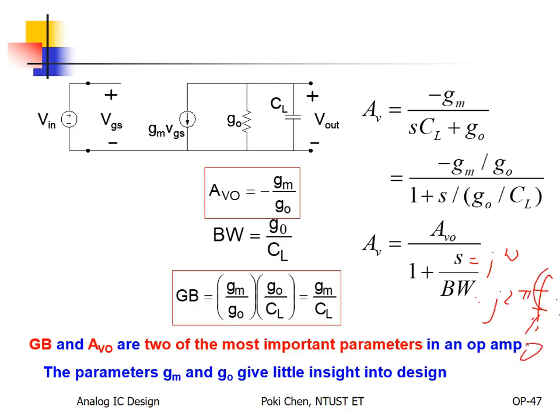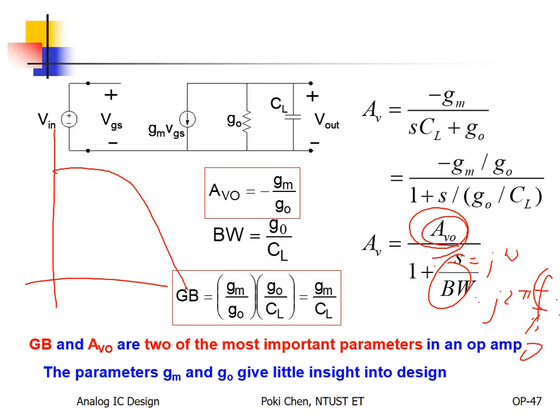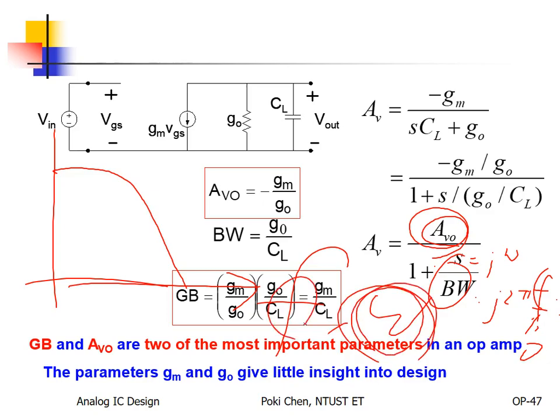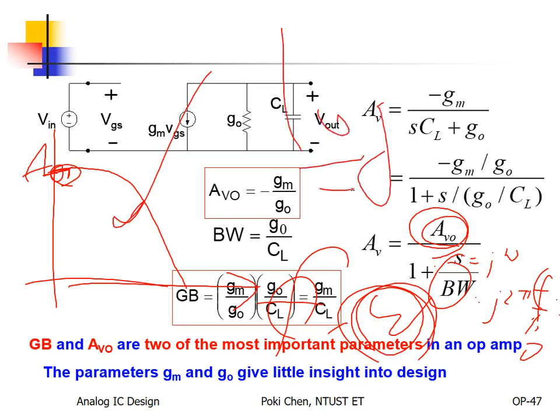So if frequency means 0, this is 0. Oh, you get that. Congratulations. That is the so-called DC gain. For your frequency response, it looks like that. That is the frequency, F or omega, I don't care. This is radian frequency, and this is frequency, okay? And AVO here is the DC gain, exactly. But usually we don't plot it in linear scale. Instead, we plot it in log scale, okay? Log scale here, log scale there.